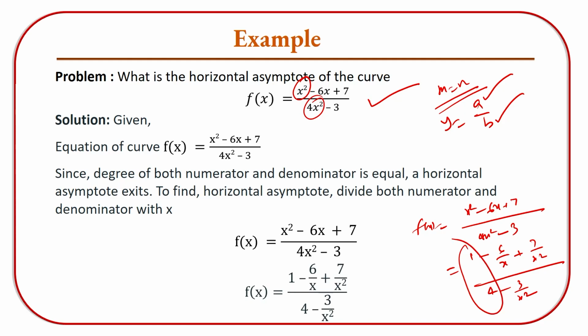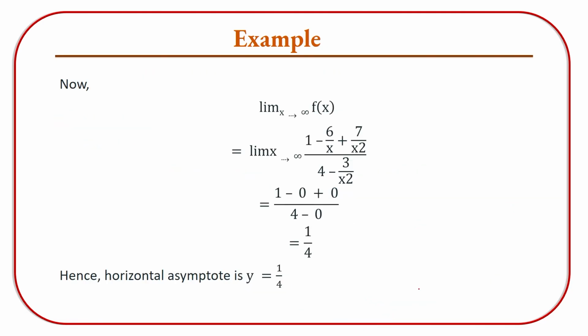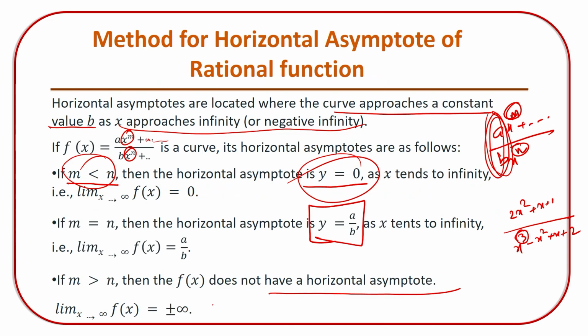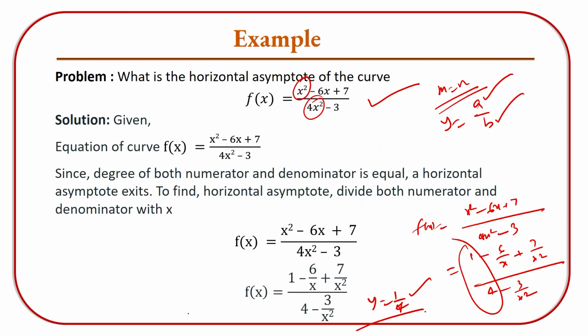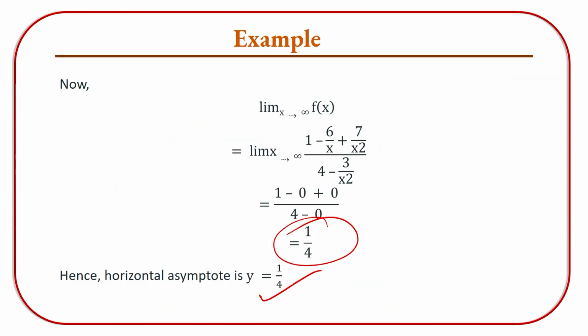So, y equals 1 by 4 is going to be your required horizontal asymptote. And how have I looked for this? Because limit x tends to infinity of f(x), I had checked that, will be equal to plus minus infinity, right. So, y equals 1 by 4 will become our required horizontal asymptote.